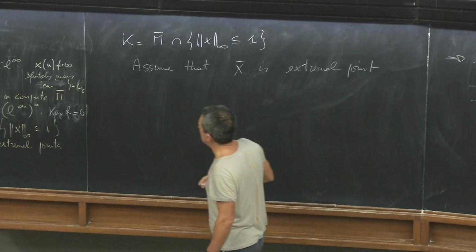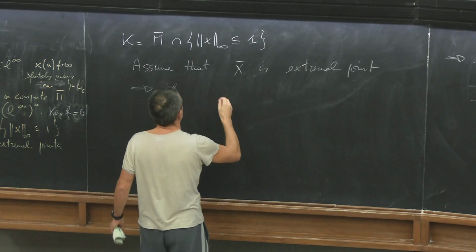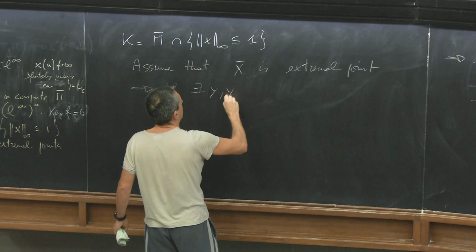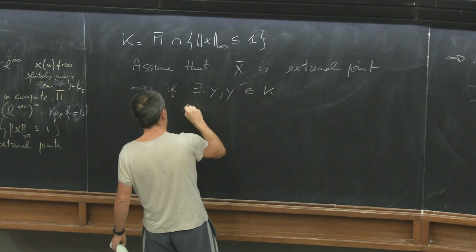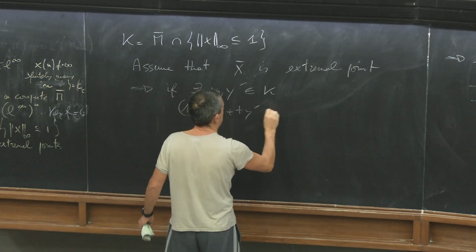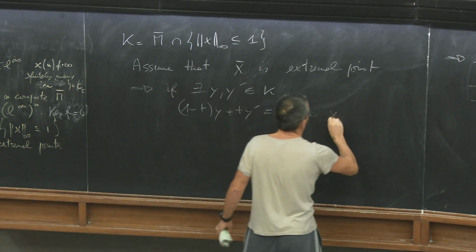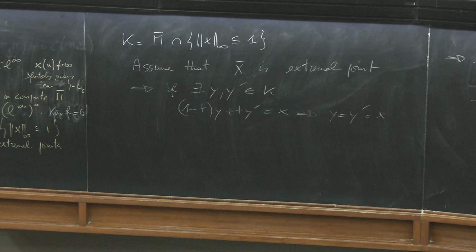Which means that if there exist y and y prime in this set K, such that (1 minus t) y plus t y prime is equal to x, then y equals y prime equals x. Okay?